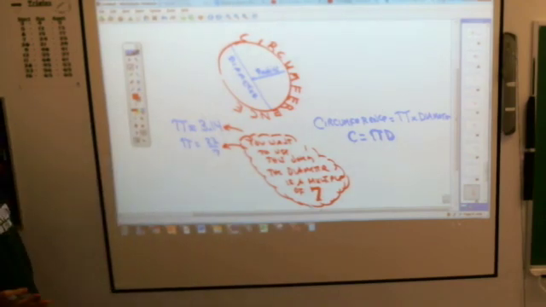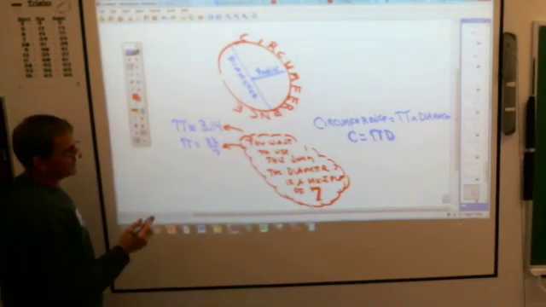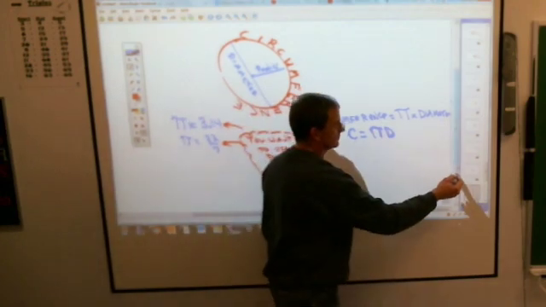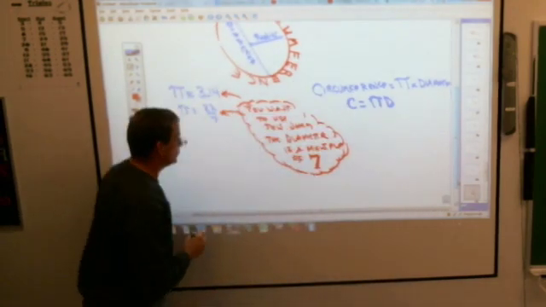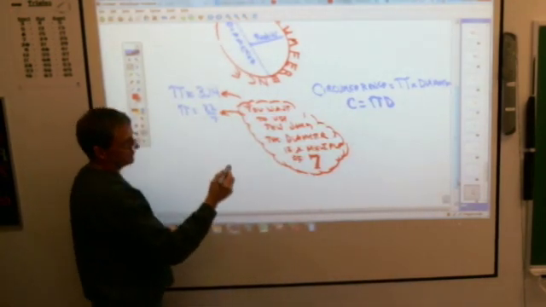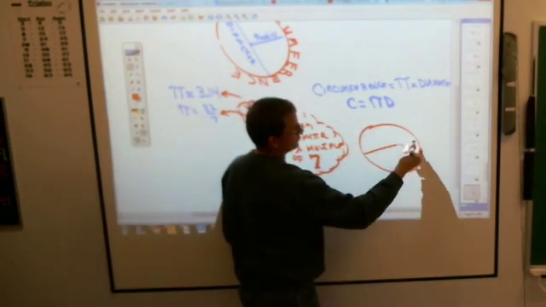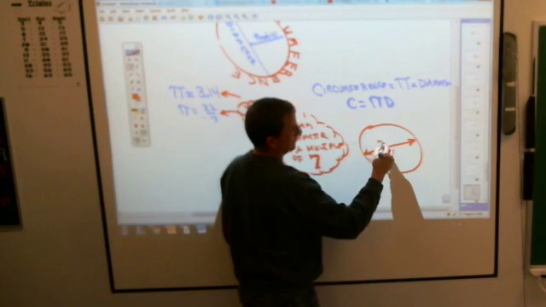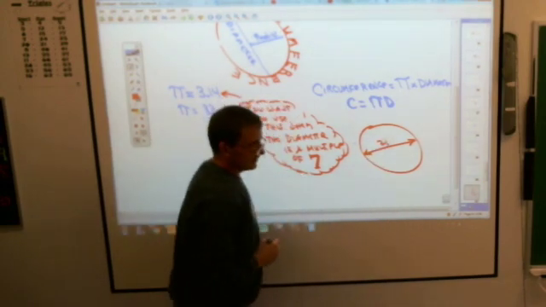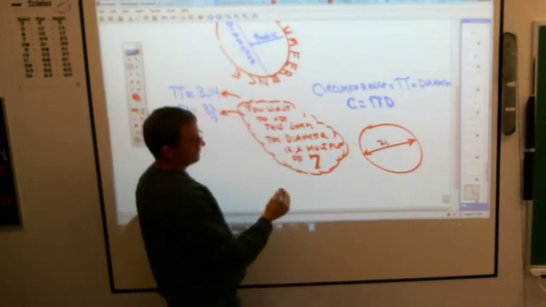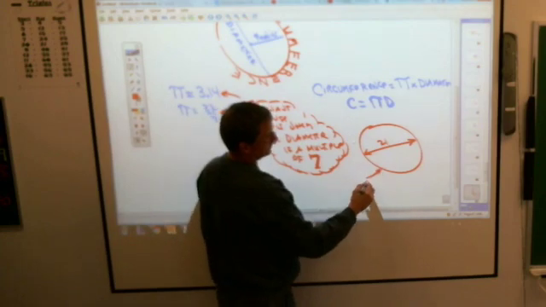And the reason for that is this. Let's say I've got a circle, and its diameter is 21. I want to find the circumference.